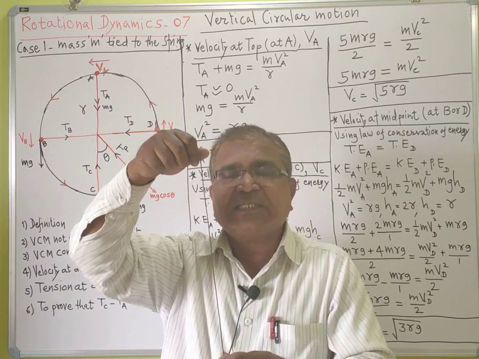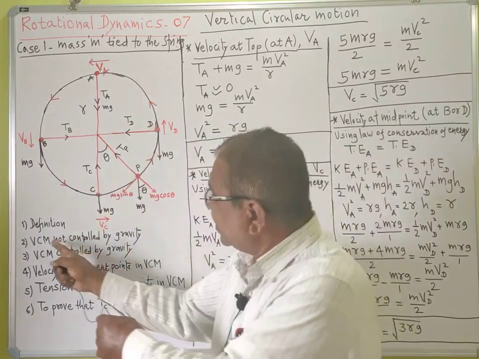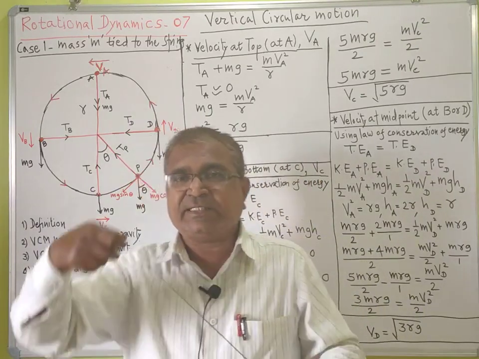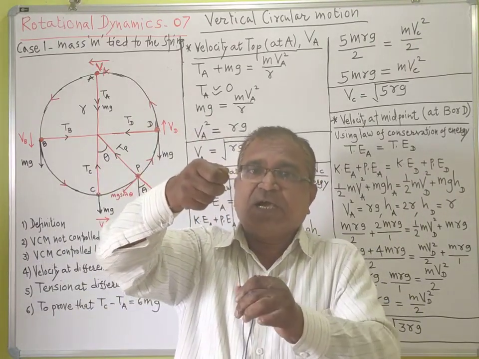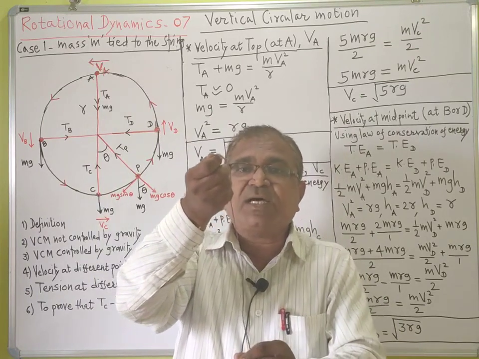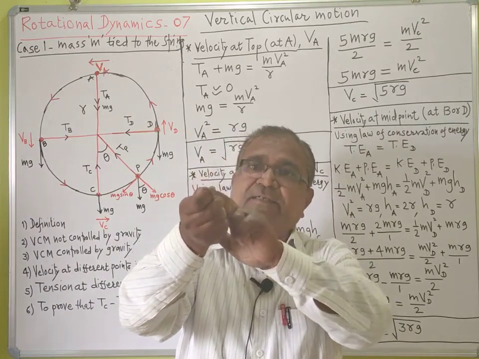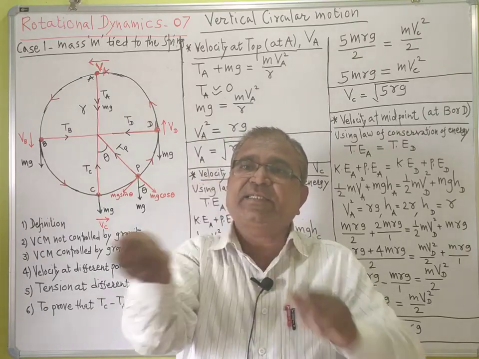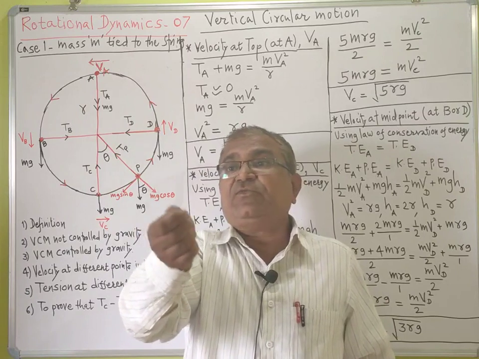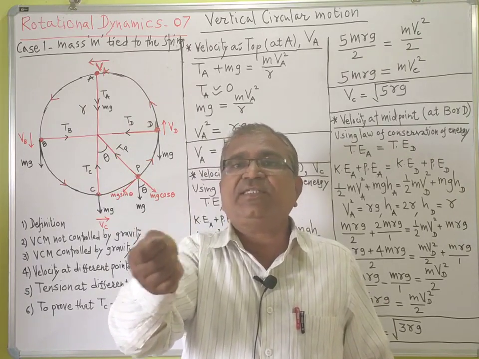The concept of vertical circular motion not controlled by gravity is like this. Suppose I have given vertical motion to this mass with the help of my hand. So my hand is the extra energy, and the motion is like this. This vertical circular motion is constant.